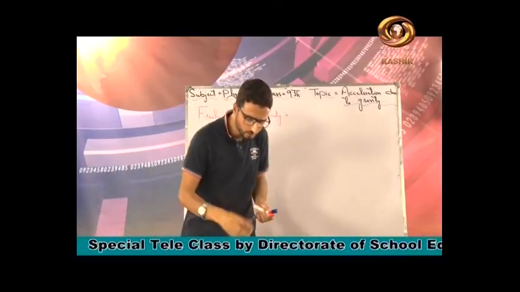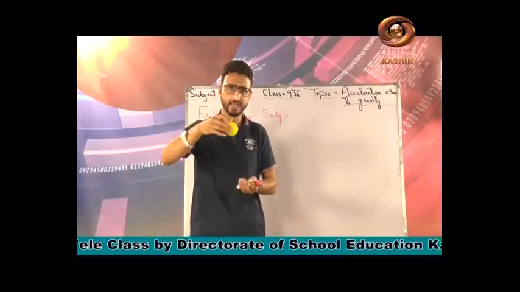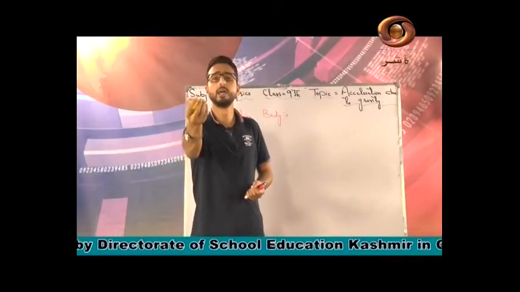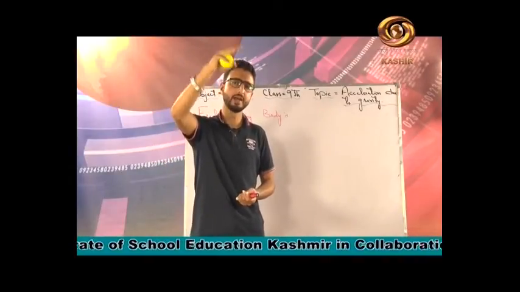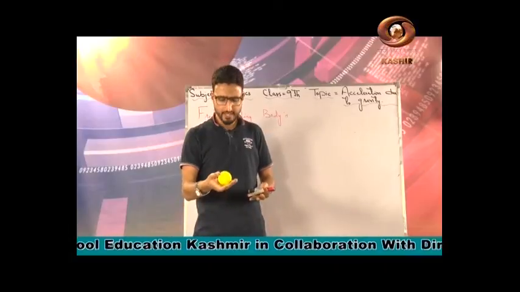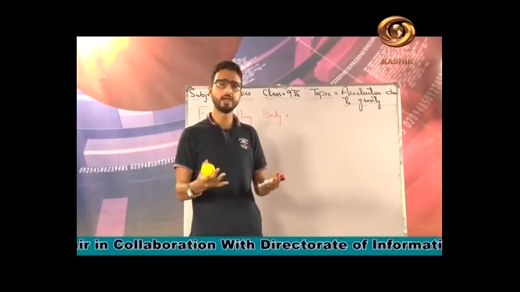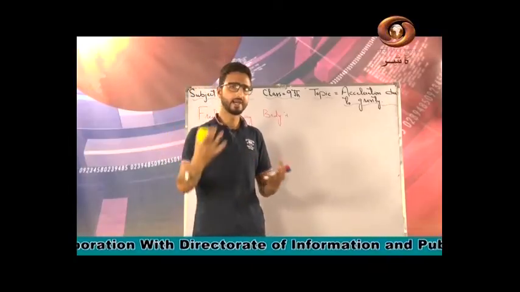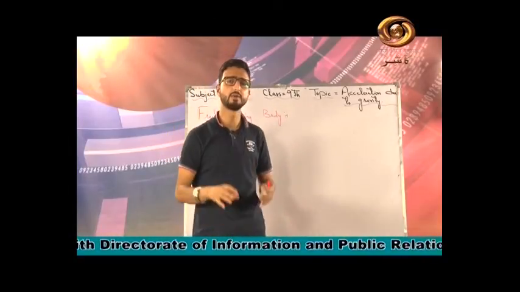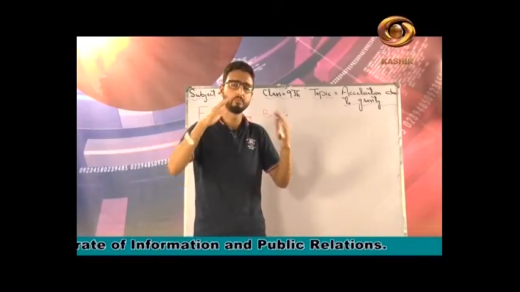Now let us look at this ball once again. If I throw it upwards, it will reach a certain height and then it will fall down. If I give it a little greater velocity, it will reach a greater height, and at the highest point its velocity will become 0 and then it will again fall down.